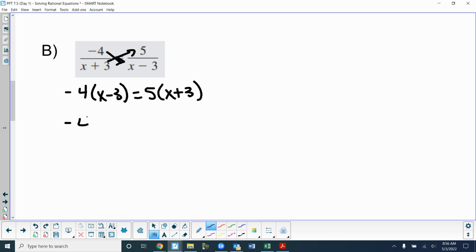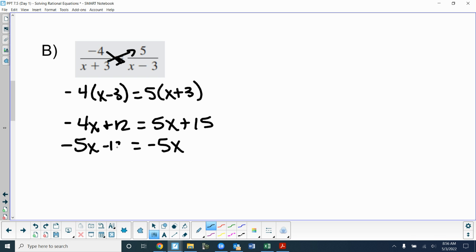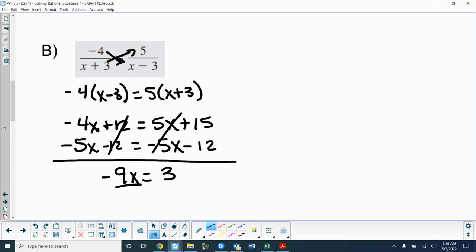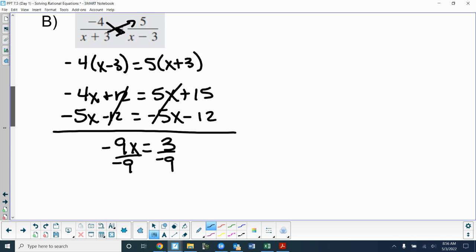Distribute the -4. Distribute the 5. I'm going to subtract 5x to get it to the left. I'm going to subtract 12 to get it to the right. I get -9x equals 3. Divide by -9, and that reduces to -1/3, right?